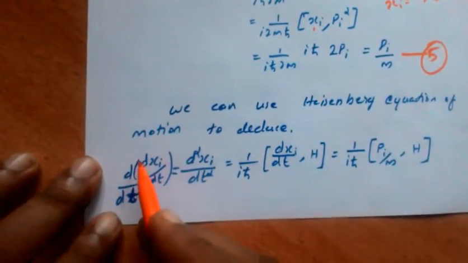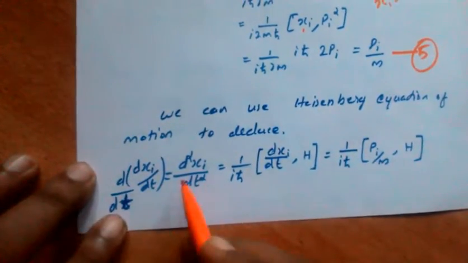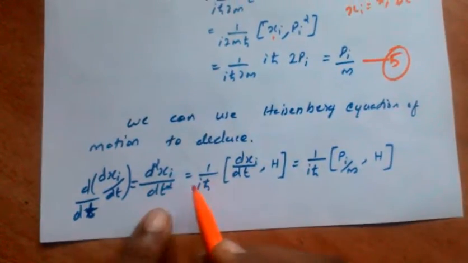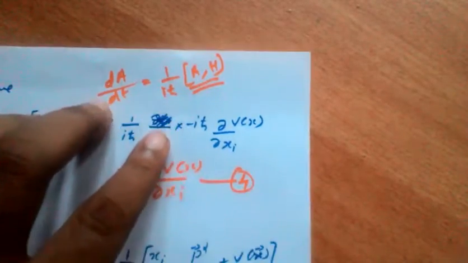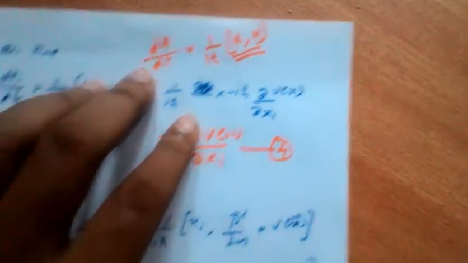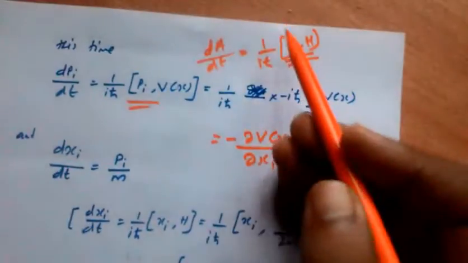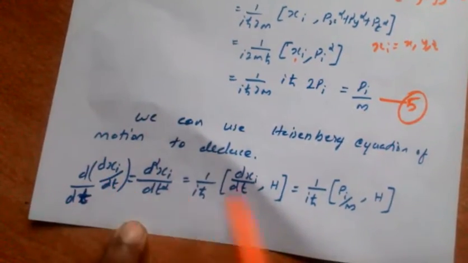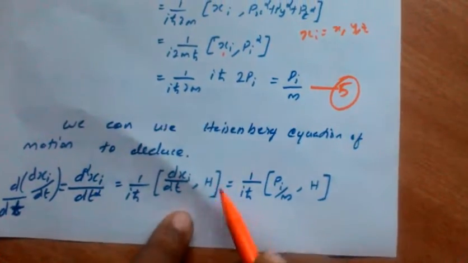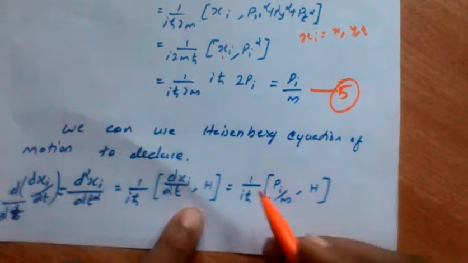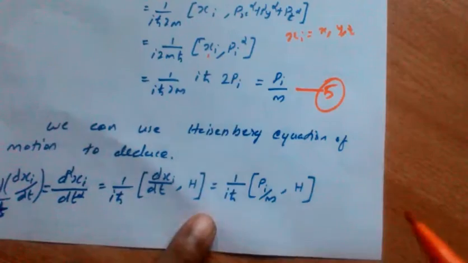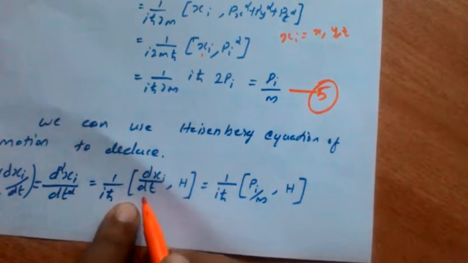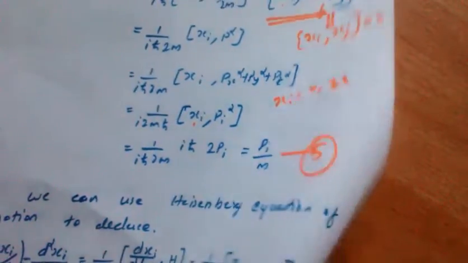Instead of the operator A, we take dxi over dt, so d²xi over dt² equals 1 over iħ [dxi over dt, H], and that equals 1 over iħ [pi over m, H], because dxi over dt is pi over m.